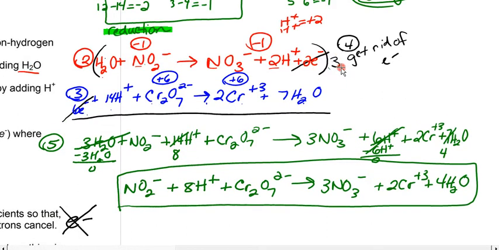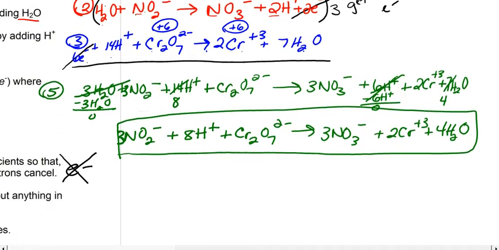I forgot to take this 3 and show that here. So that would make everything wrong. I wouldn't know that until I checked my work though. So this should be, and hopefully you caught it, 3 nitrite. Because that would be a way for me to catch my work, to know that I had skipped that part.